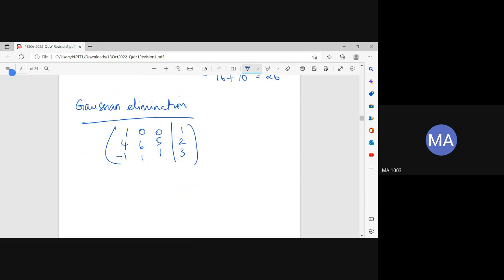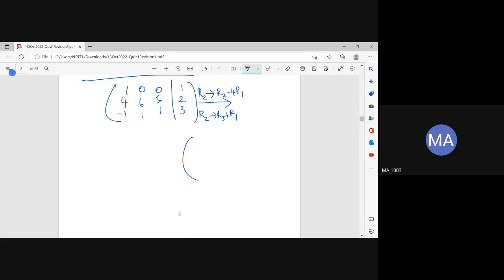I'll convert this into RREF or REF and find the solution. R2 is R2 minus 4R1, and R3 is R3 plus R1. That gives 1, 0, 0, 1, 4 minus 4, 6 minus 0, 5 minus 0, 2 minus 4, minus 2, minus 1 plus 1, 1, 1, 4.